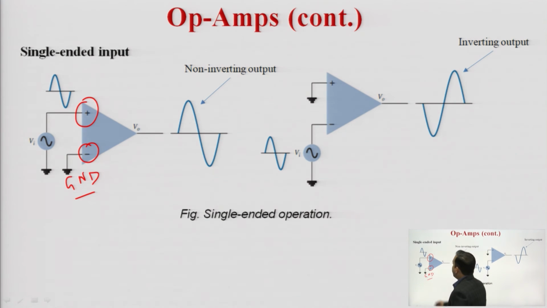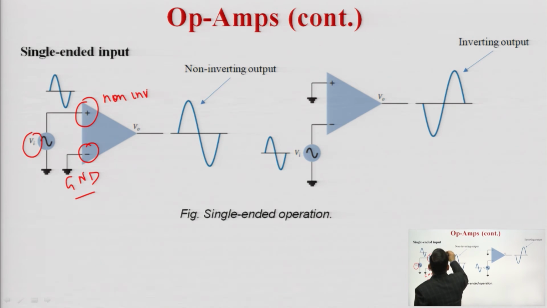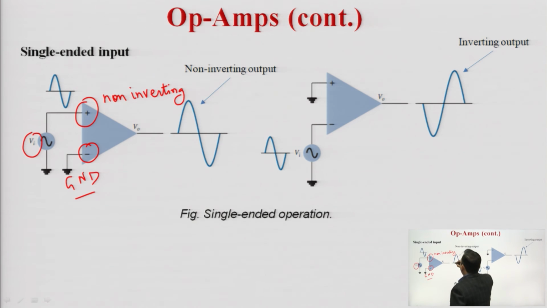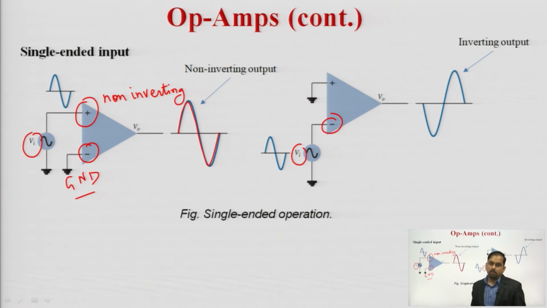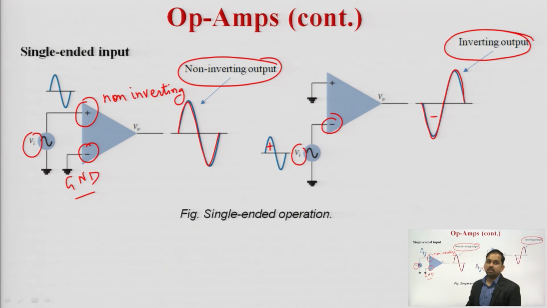So if we are applying input, let us say on the non-inverting terminal, then we have something like this, and if Vi we are applying on the inverting terminal, means on the negative terminal, then we have something like this, means corresponding to the positive peak we have a negative output. So we can say that the output is inverting here, and in the previous situation the output is non-inverting.